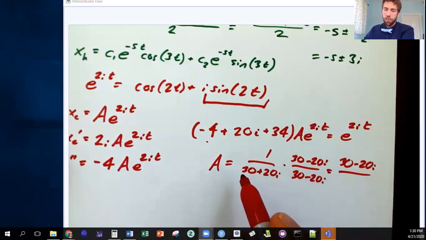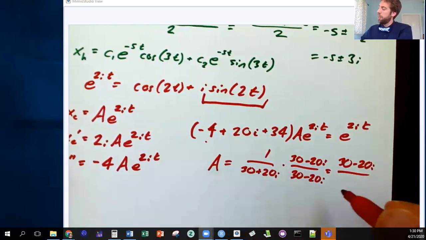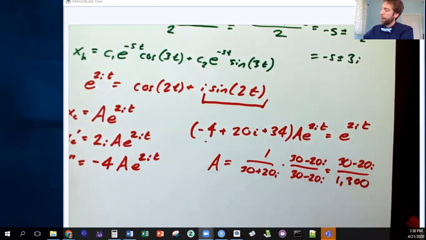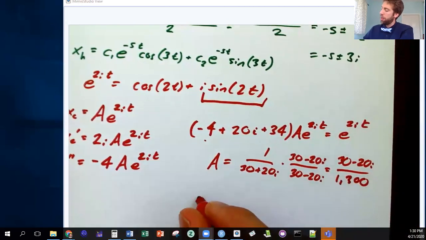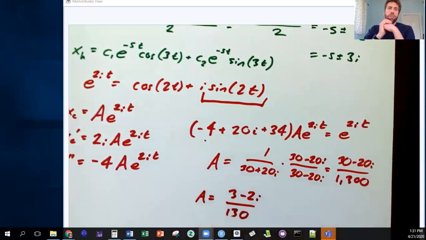So 30 times 30 is not 90, it's 900, plus 400 would be 1,300. That simplifies to 3 minus 2i over 130. Okay, so we found a.